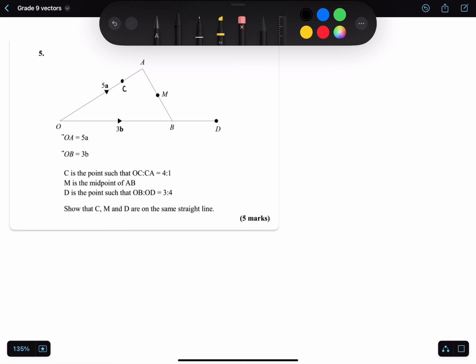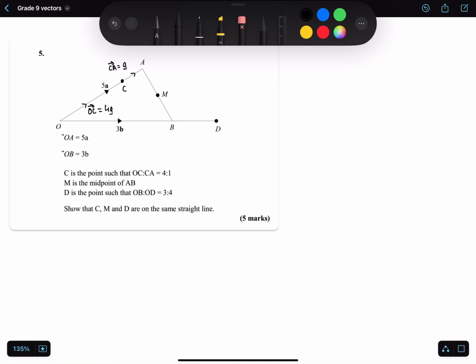So we know that one part of OA is just A. So we know that CA is A, and we know OC equals 4A.